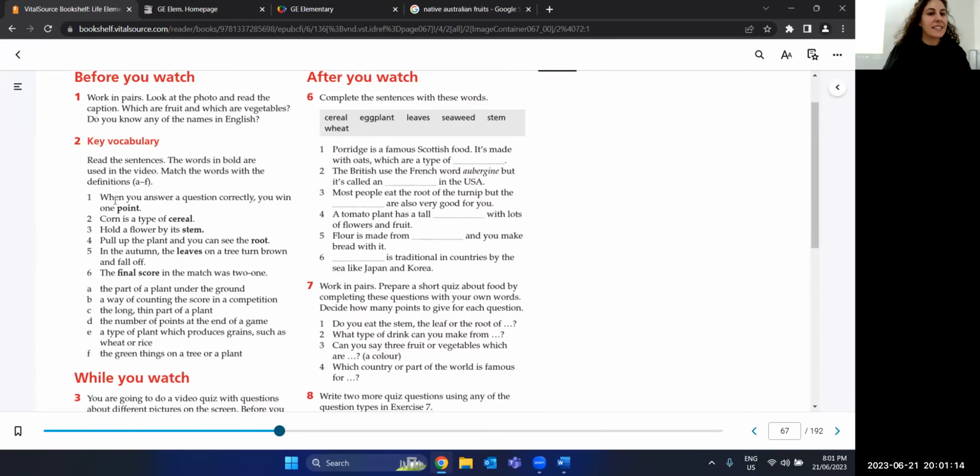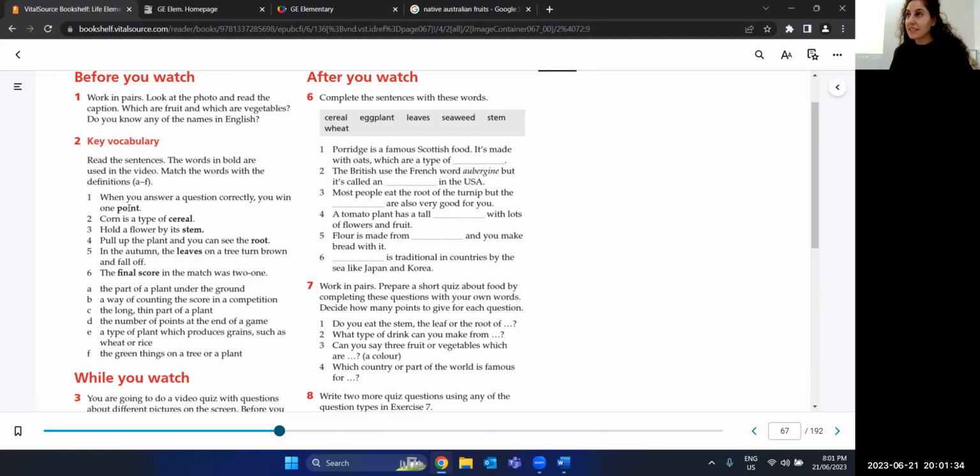Okay, let's read the sentences, and in bold, what is the meaning of that word in the bold? So 1 to 6, we have to match it to A to F. So when you answer a question correctly, you win 1 point. What does point mean?